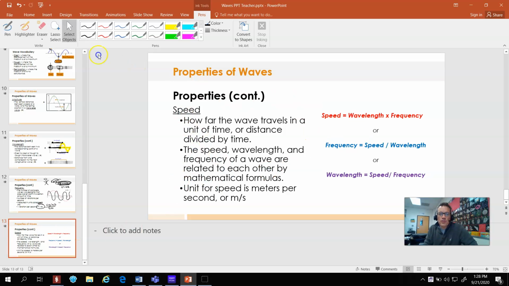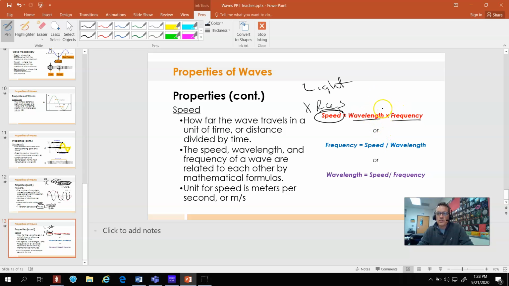And so finally, for a lot of these waves, there is a relationship between wavelength and frequency. For example, electromagnetic radiation, such as light and X-rays. So light and X-rays, they travel at the same speed. And since they travel at the same speed, what makes them different is the wavelength and frequency.